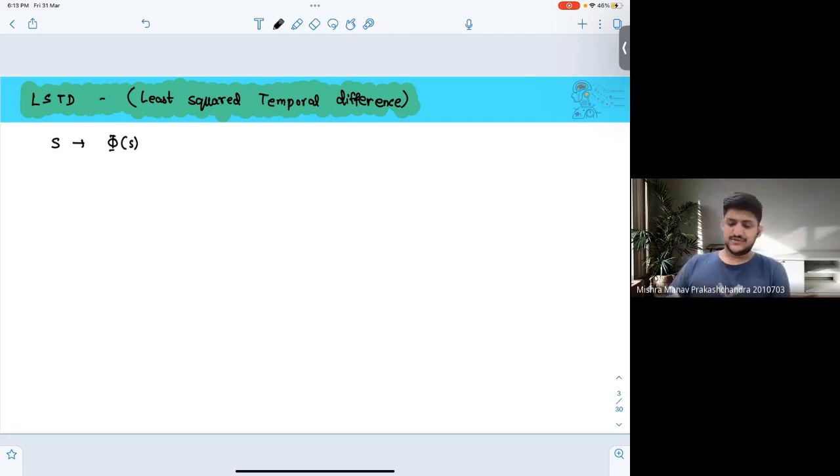Okay, so let's say assuming I have n number of states. Okay, assuming I have n states. So my value function for this particular case belongs to the space R of n.